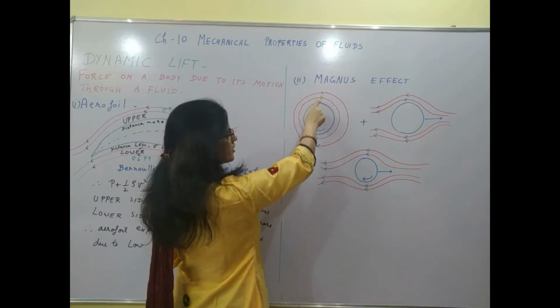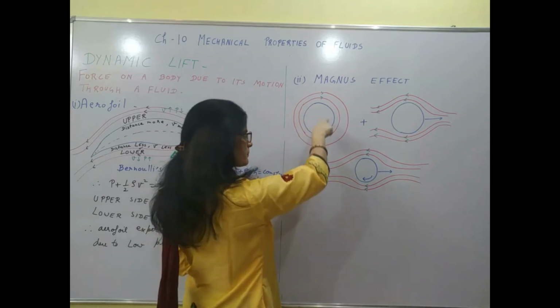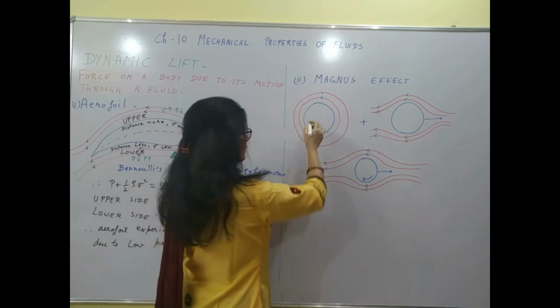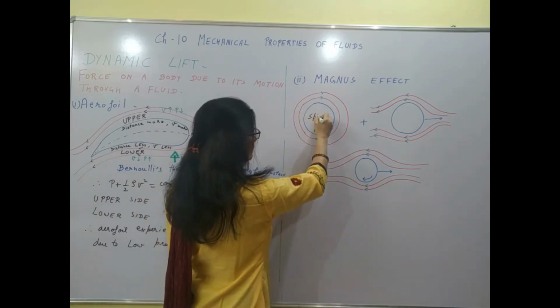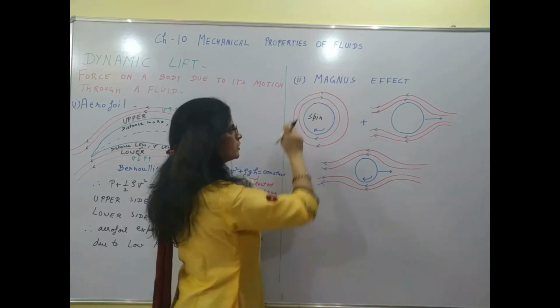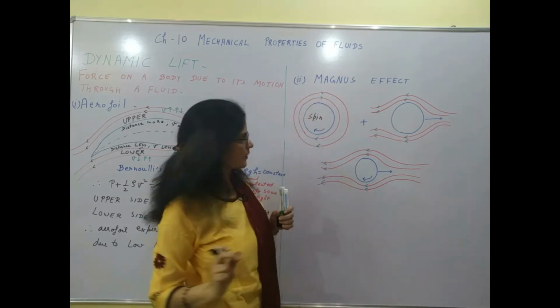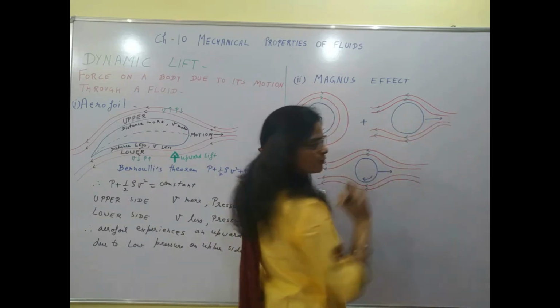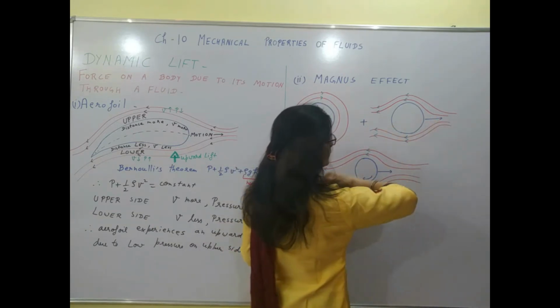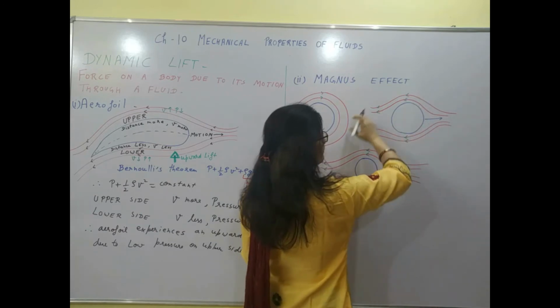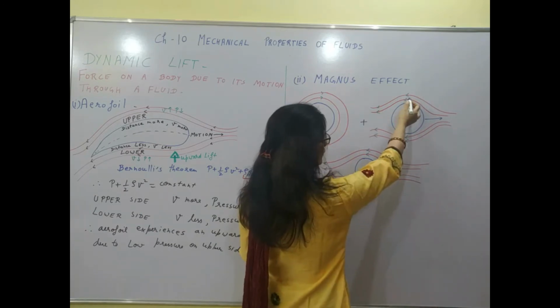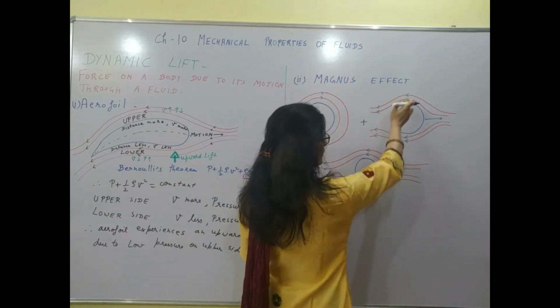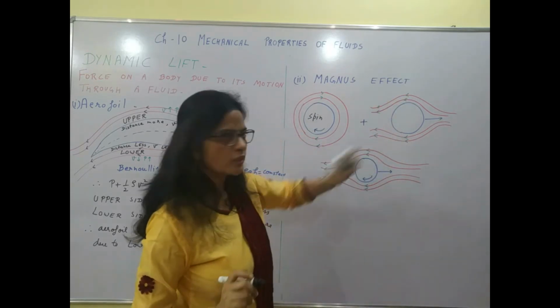So we can mark the arrows as shown for the layers of the air. Now if the ball is moving forward only, for this forward motion the layers will be dragged backwards, with the direction of these layers as shown in the figure.